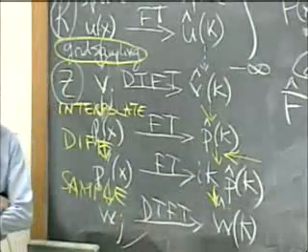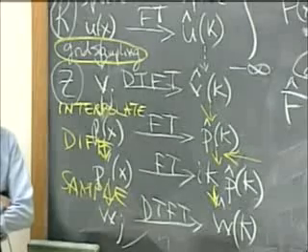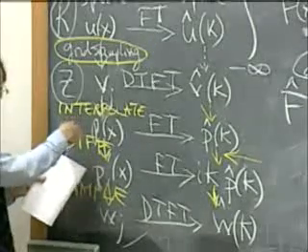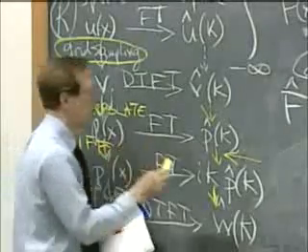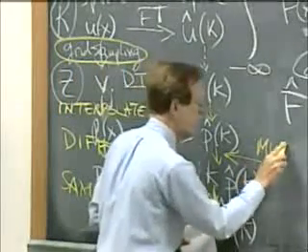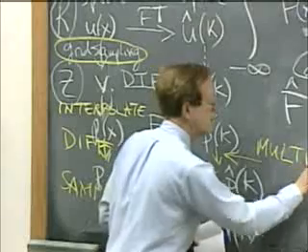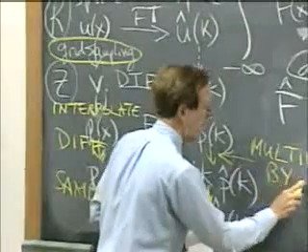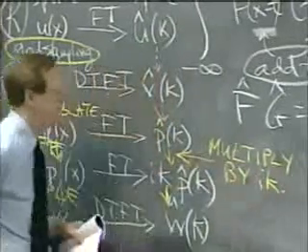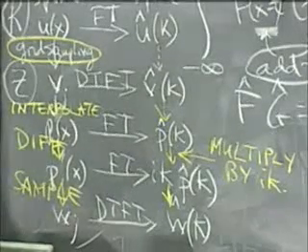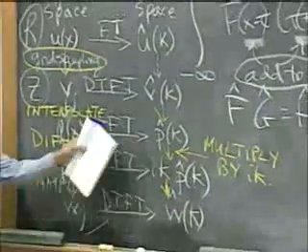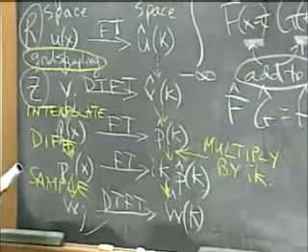And why did we do that? Because over here, that corresponds to taking the derivative. So the most brilliant thing we can say here is multiply by ik. That's the familiar rule that if you differentiate the function, you multiply the Fourier series by ik.